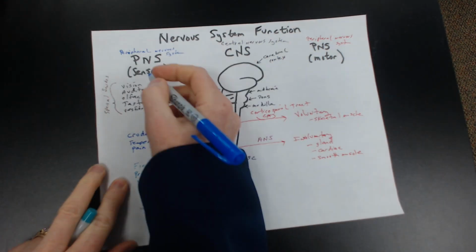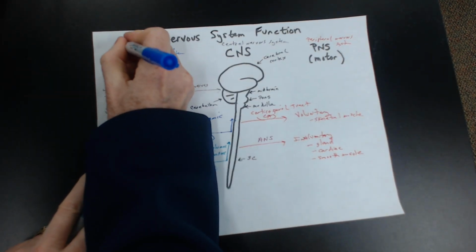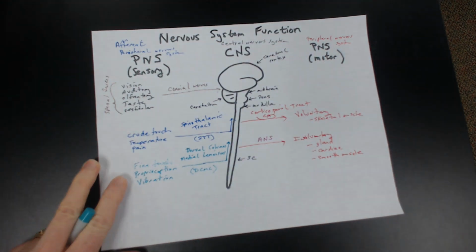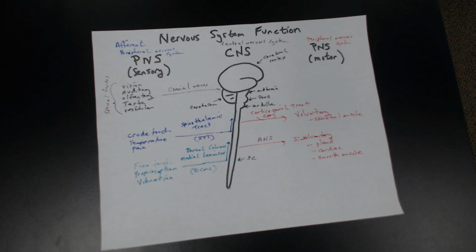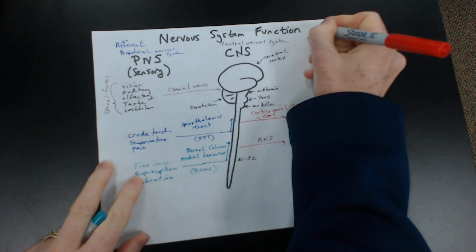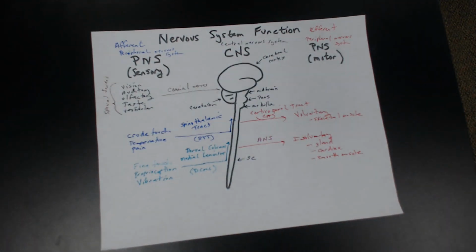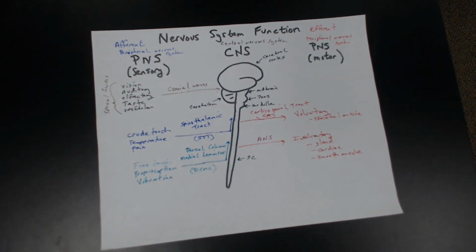So sensory information coming into the system is going to be afferent. And then the motor information coming out of the system is then efferent. Okay, that was one thing. I neglected to say that last class, and I wanted to be sure that I got that.